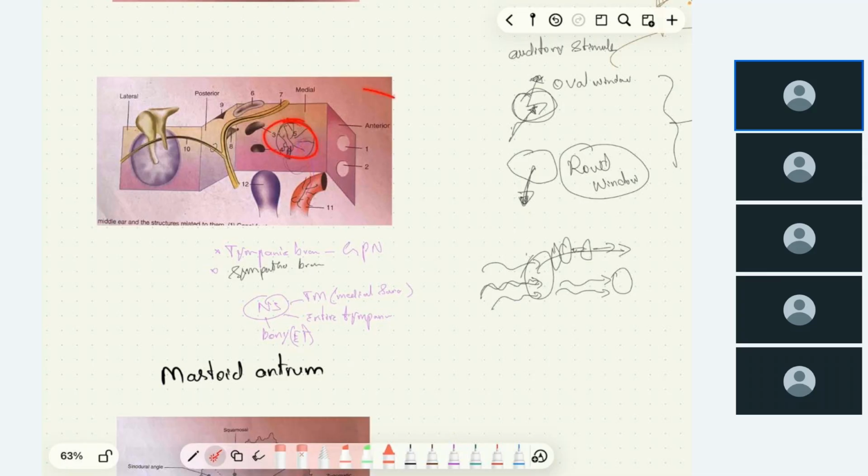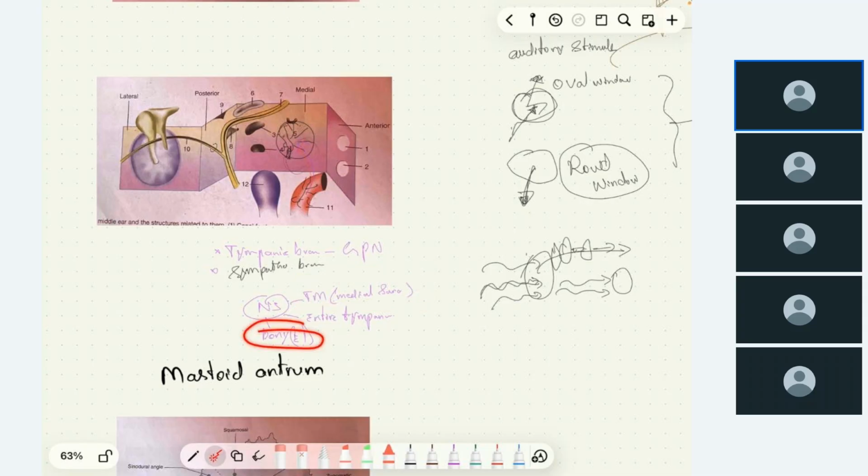I mentioned it is formed mainly by two branches: the tympanic branch of the glossopharyngeal nerve and also the sympathetic fibers around the internal carotid artery. What is the nerve supply? It supplies the medial surface of the tympanic membrane, the entire tympanum, that is the middle ear cavity, and also the bony eustachian tube.